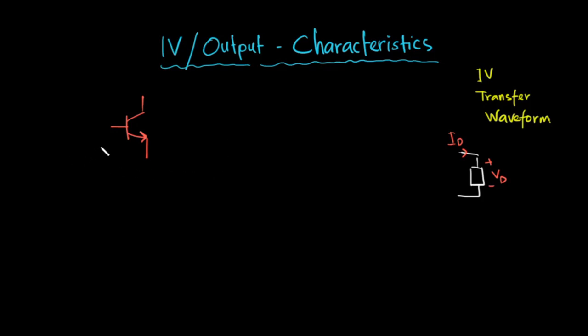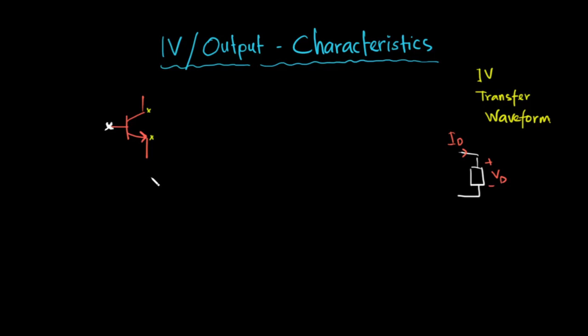Since the input terminal is the control terminal and the input is controlling the characteristics of the output, we draw the IV characteristics of the two output terminals, between this and this.